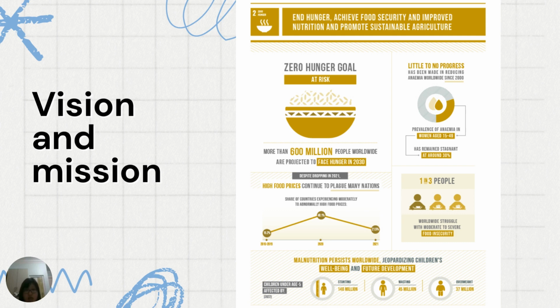According to the analysis, one in three people will be facing hunger. Many people also face malnutrition. It is not only that they can't eat, they also lack nutrition in their food.